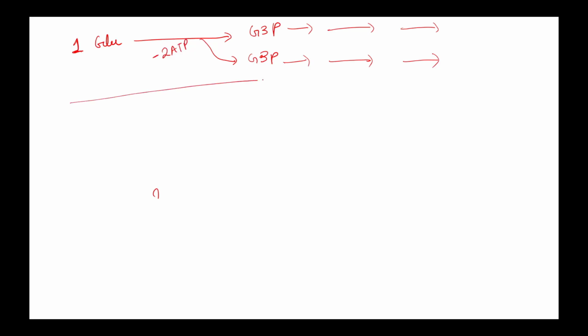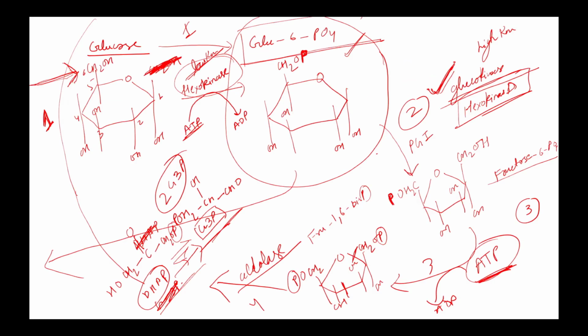So this is our step 1 to step 5. And from here, which is our payoff phase, from step 6 to step 10, in these phases, it generates the energy. Okay. So here also we'll see the two enzymes. One is the hexokinase enzyme and this one, the phosphofructokinase enzyme.